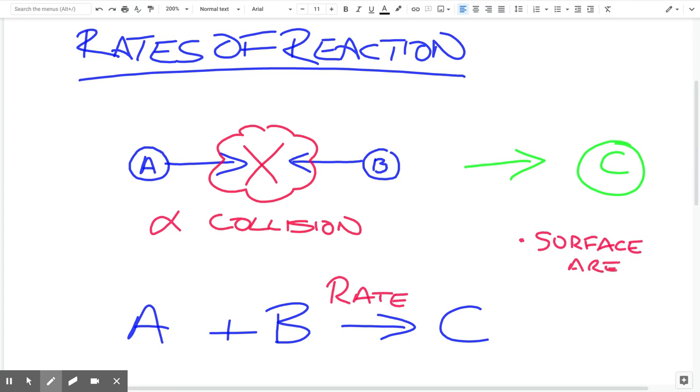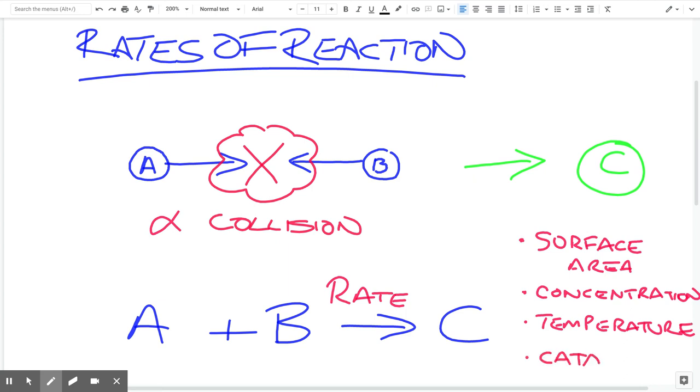We will then look at a solution reaction, so we'll look at the concentration effect of two solutions, and we'll use a potassium permanganate experiment for that one, and then we can change the temperature. So we can affect how hot a reaction will be. And we can look at those three variables and see how in turn they can affect the rate of reaction.